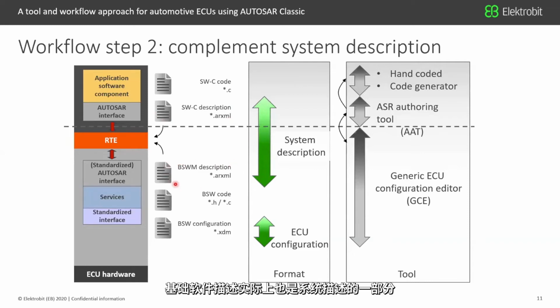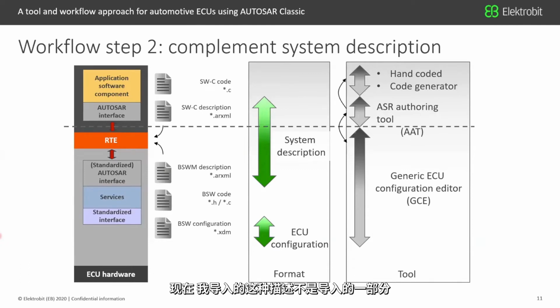So the basic software description is actually part of the system description, with the main difference that we need tresos Studio to generate it, because the description even depends on the actual configuration of the basic software. So it's not a static description, but a description that also needs to be provided by tresos Studio.